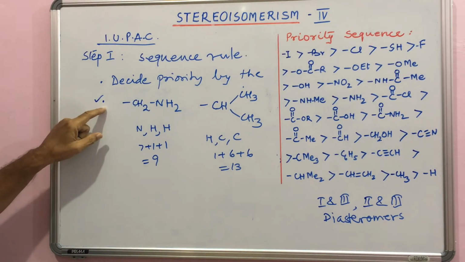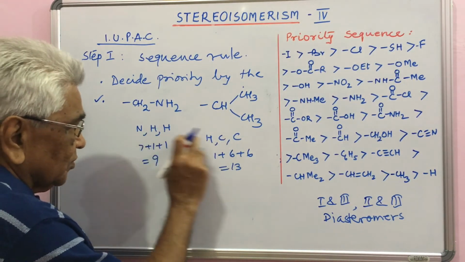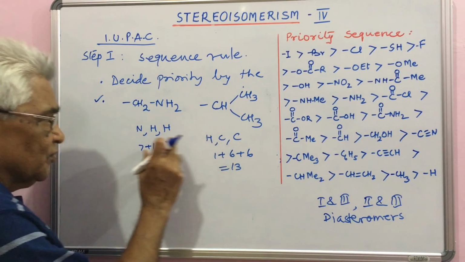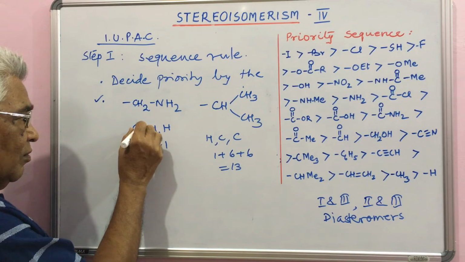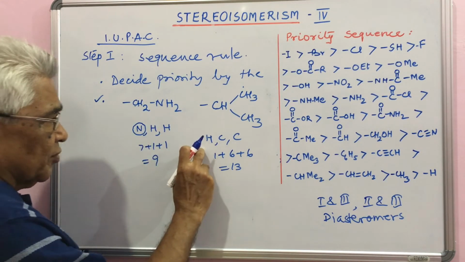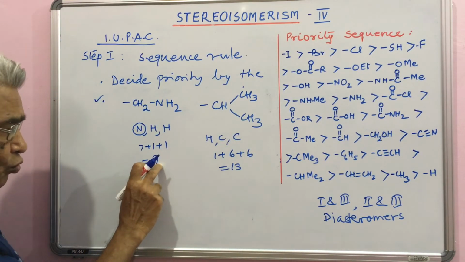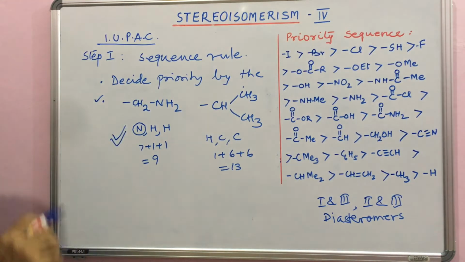In this rule, it is said that of the two systems, if any of these has an atom of highest atomic number, it will be given priority. N has the highest atomic number among these. So although the total is 9, yet this gets priority.